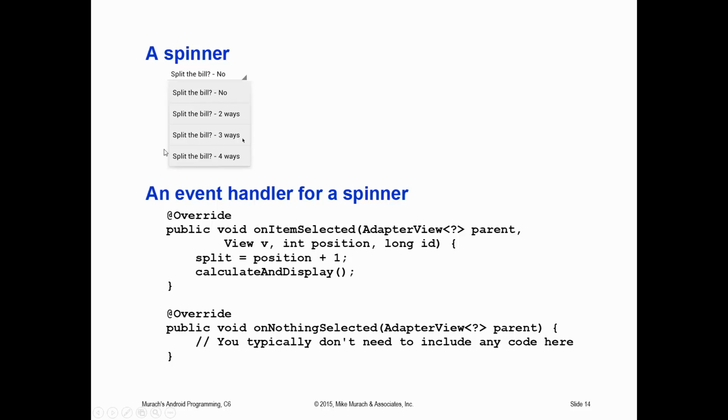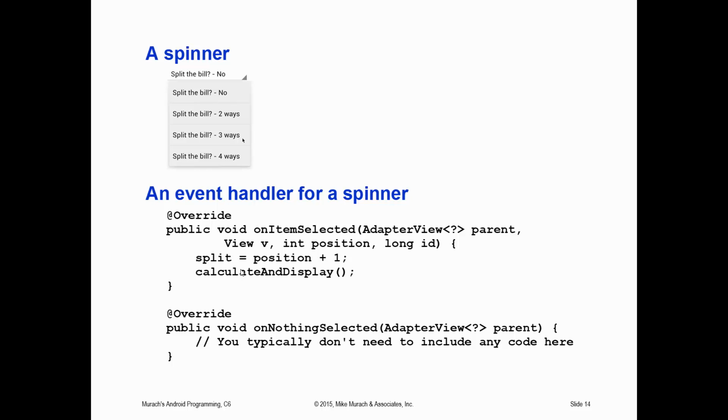As you can see within the code right here, this statement adds 1 to the position of the selected item and then stores the value in a variable named split. Remember, the first item will be positioned 0, so by adding 1 to it, it'll have the actual position.